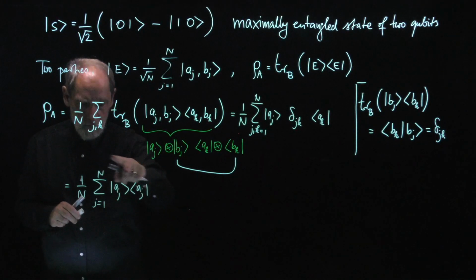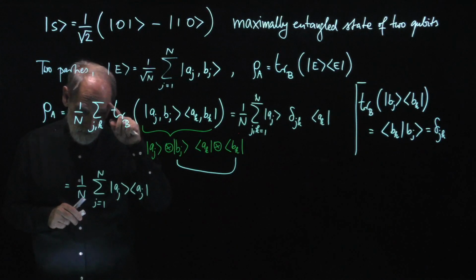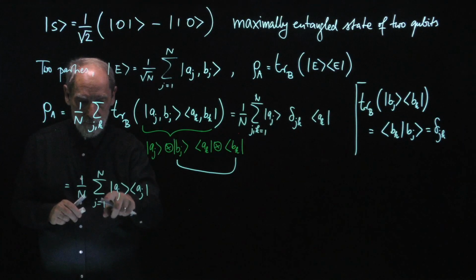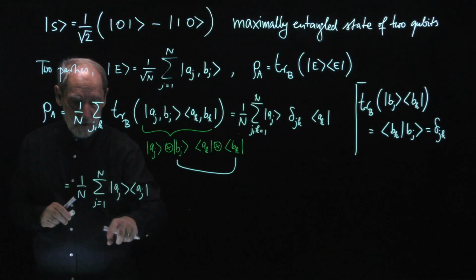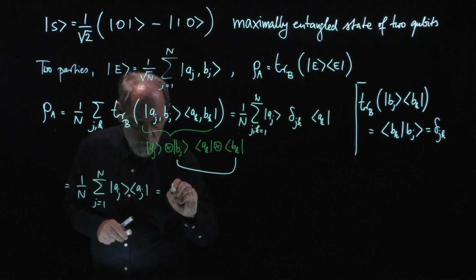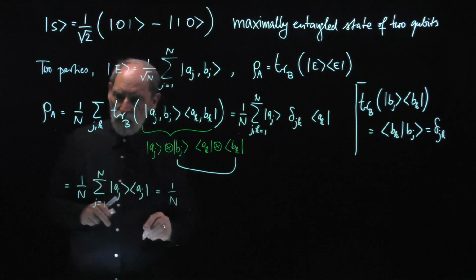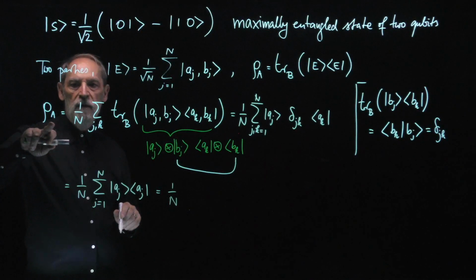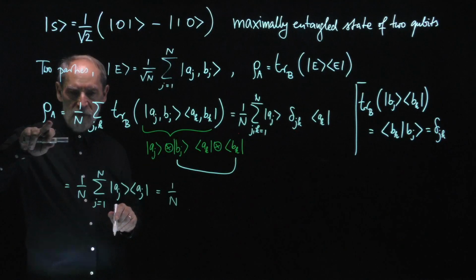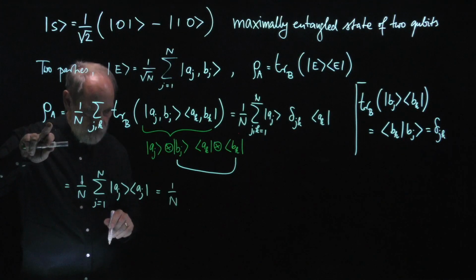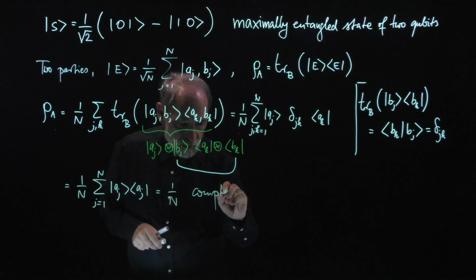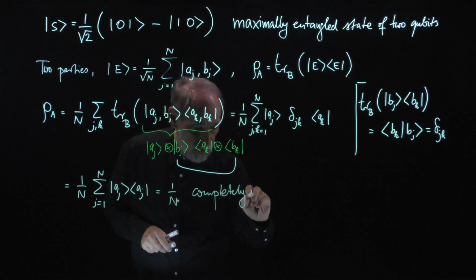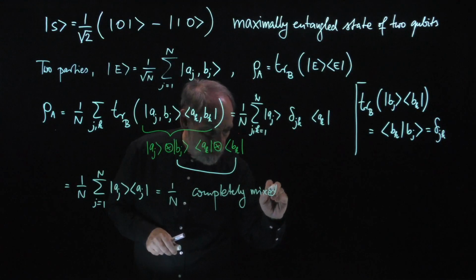But this sum is the completeness relation for the a's. The completeness relation says that this sum is equal to the identity. So we get 1 over n times the identity for the state of property A all by itself. And this is, as anticipated, the completely mixed state.